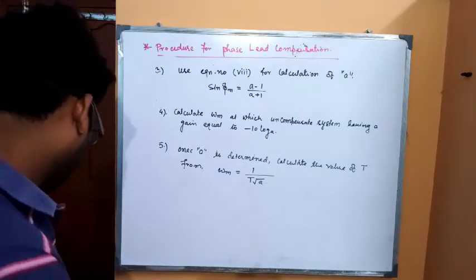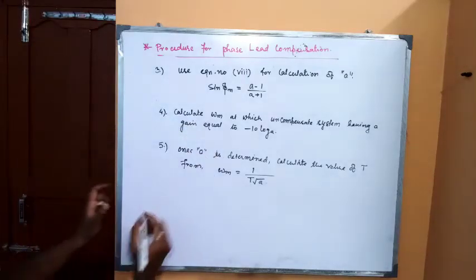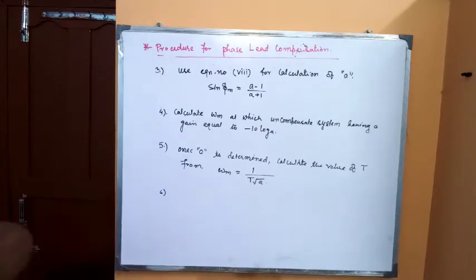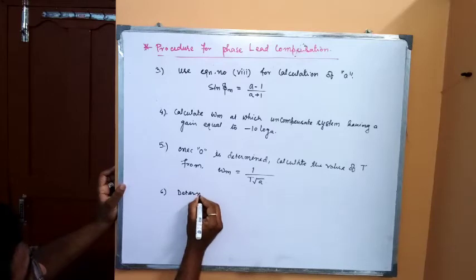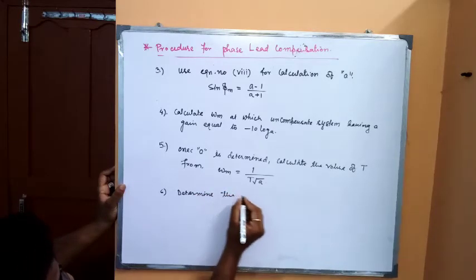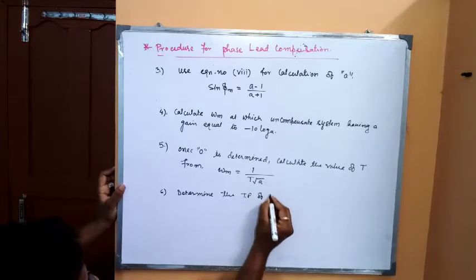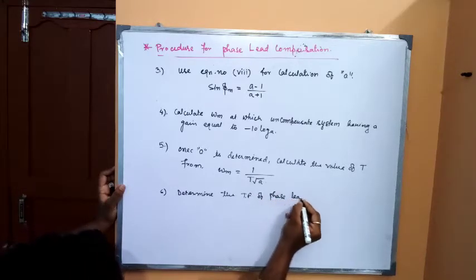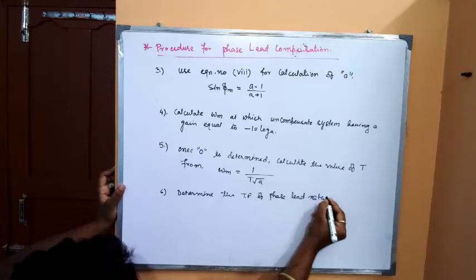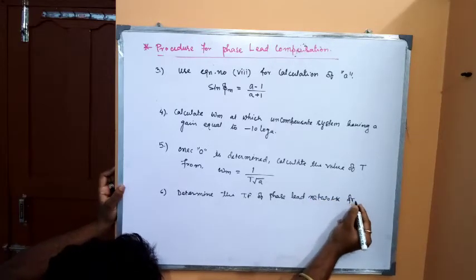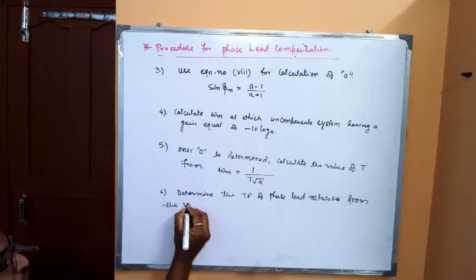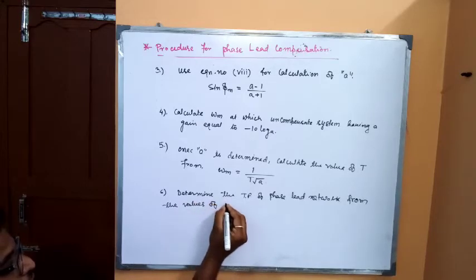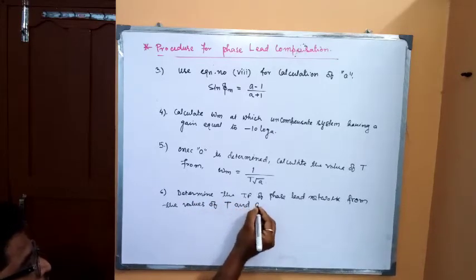Now the sixth step is to determine the transfer function of the phase lead network from the values of t and a.